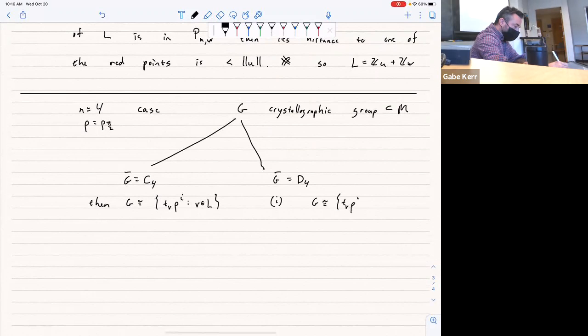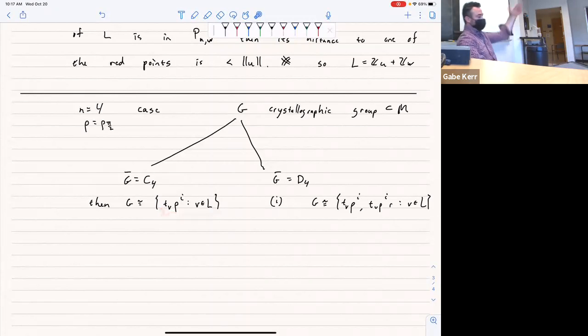So T_v rho^i, and also T_v rho^i with a reflection R, where it's basically the same idea as this. You're just going to take the dihedral group and then add discrete translations. That's in a sense kind of boring.